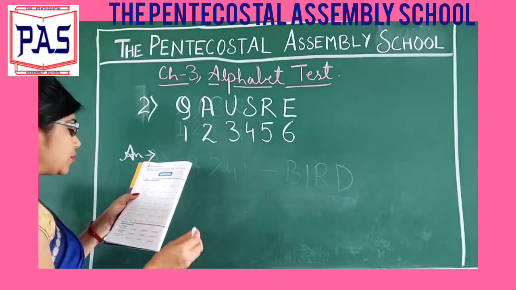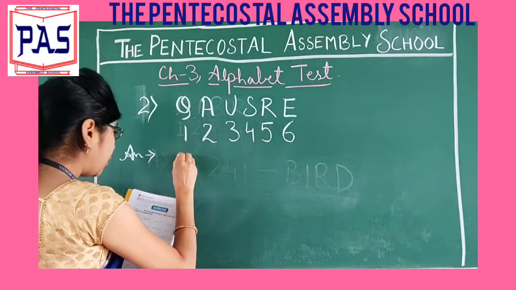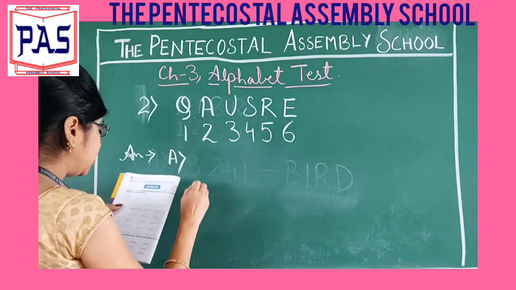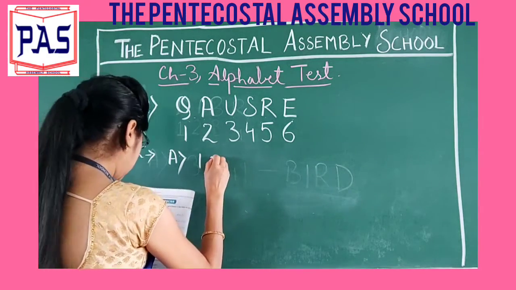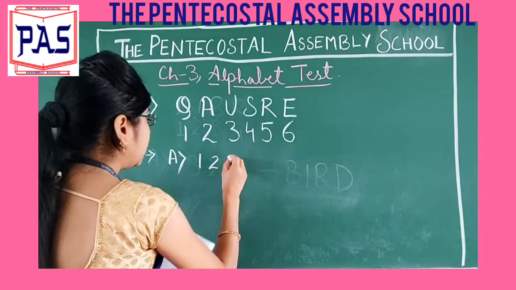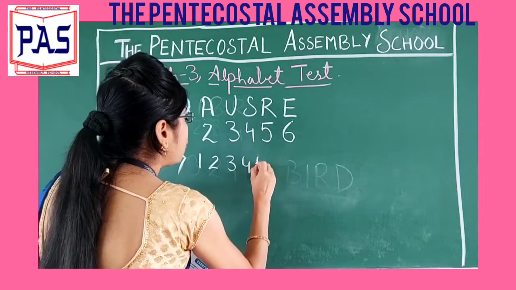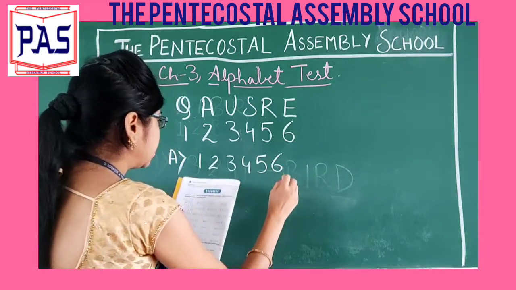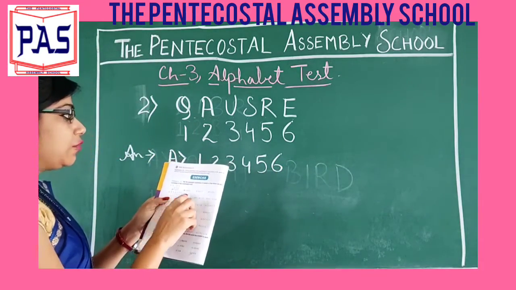So, the first option is option A. Option A is 1, 2, 3, 4, 5, 6.